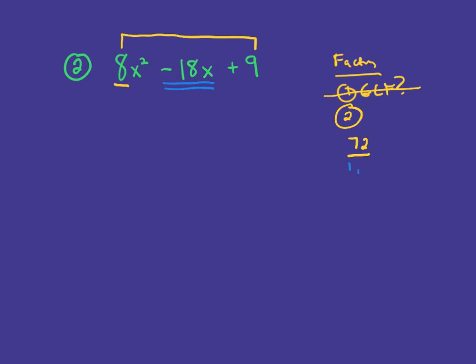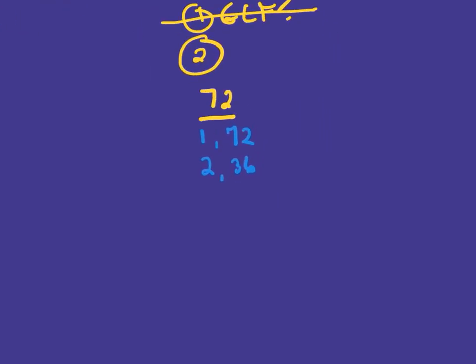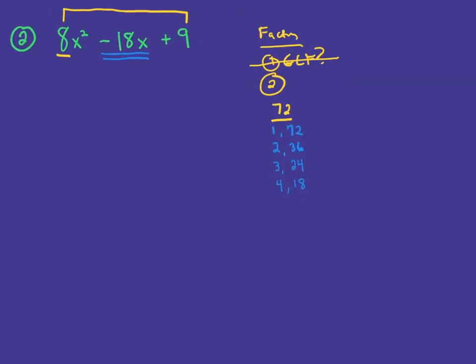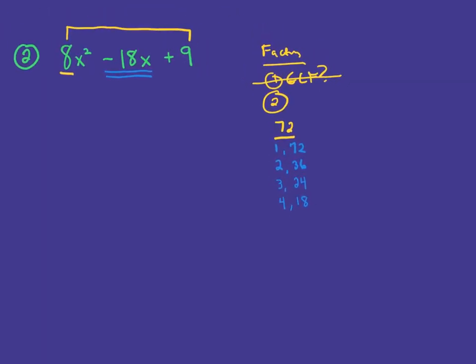So 1 and 72, 2 and 36, 3 and 24, 4 and 18, 5 doesn't go in, 6 and 12, 7 doesn't go in, and then 8 times 9.